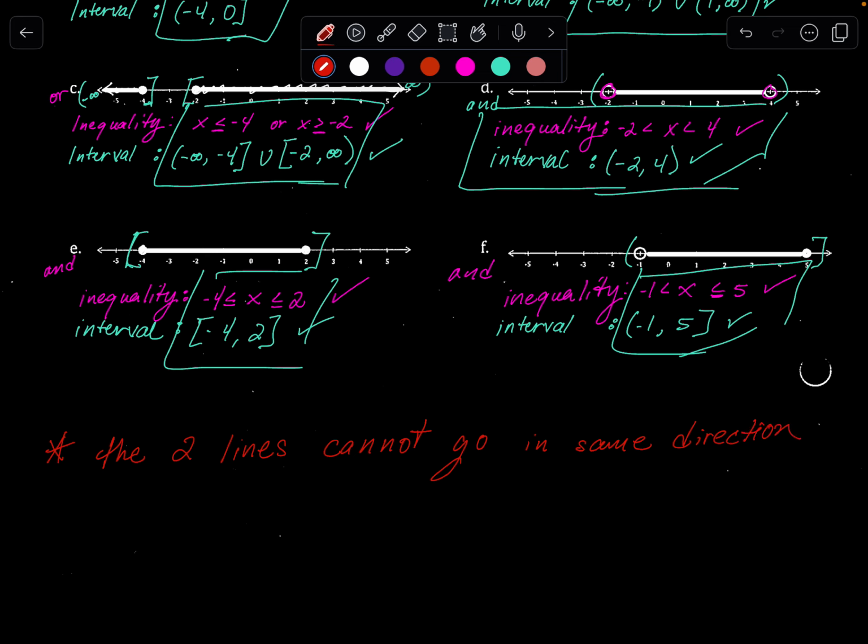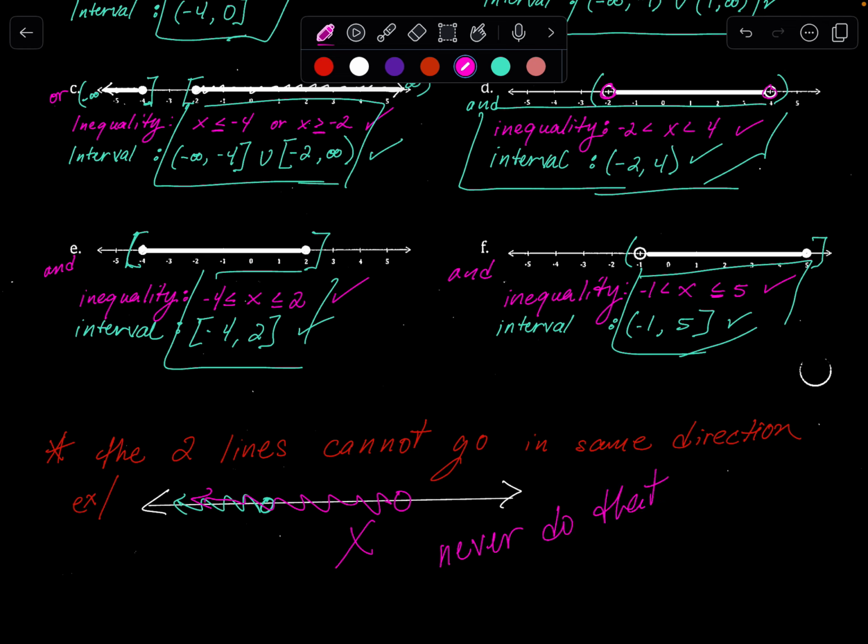Here, I'll show you. For example, I'll use two lines. Oh, I really could have done two colors here. That would have been perfect. So let's say I have one line here that goes left, right? I cannot have another one over here that also goes left like that. That's a no-go. That does not work, okay? Never do that.